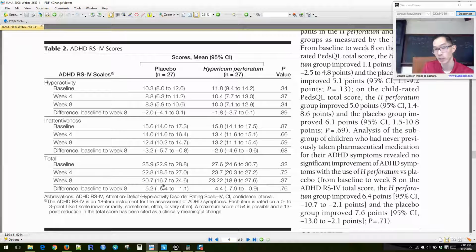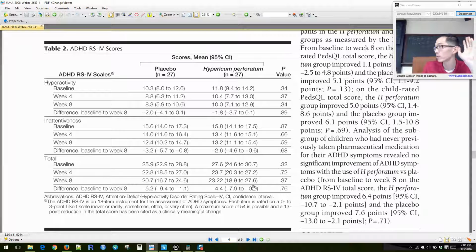Over here with the treatment, our confidence interval goes from negative 7.9 to negative 0.9, okay? So here we would say we have evidence that the treatment made a non-zero difference, right? Because our confidence interval does not contain 0.